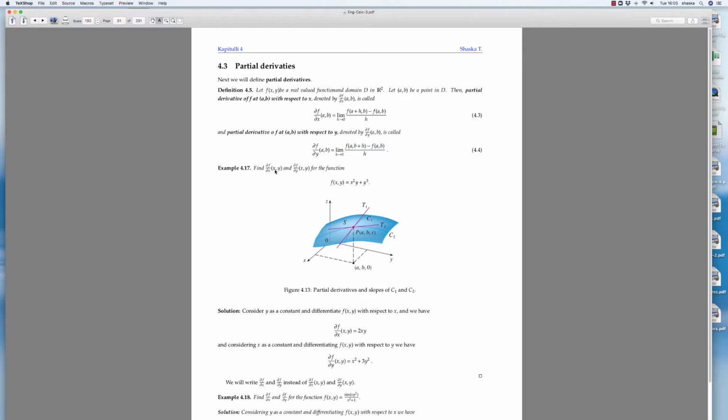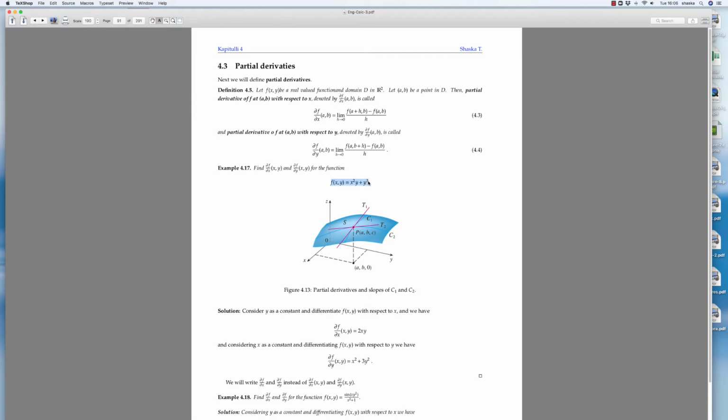We denote the partials this way: the partial of f with respect to y, the partial of f with respect to x.